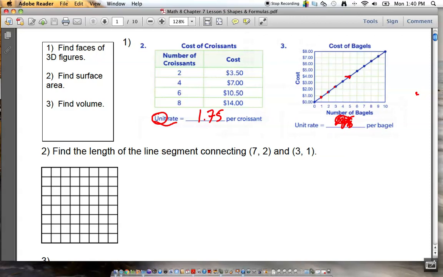Look, this is exactly $4 for exactly 5 bagels. So if I do $4 divided by 5 bagels, I get 80 cents per bagel. Okay? So when it comes to interpreting from a graph, you look for a point that's exactly on a point of intersection on the grid, and then you use those two numbers.